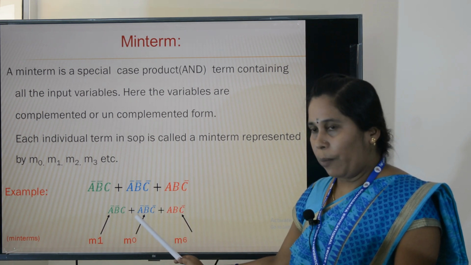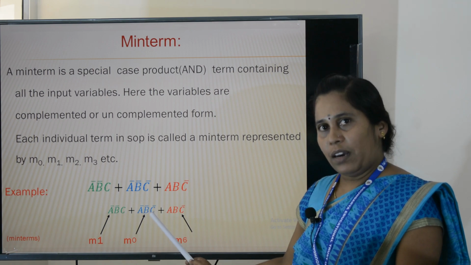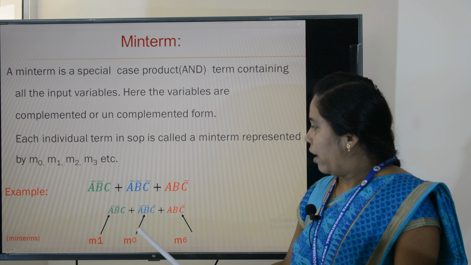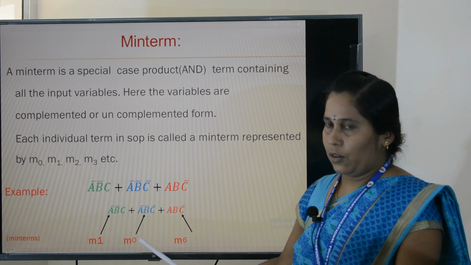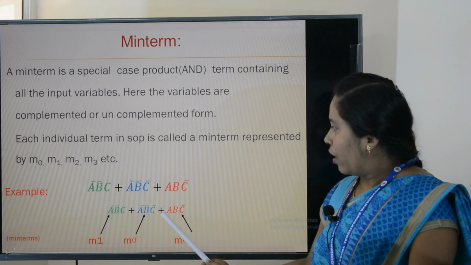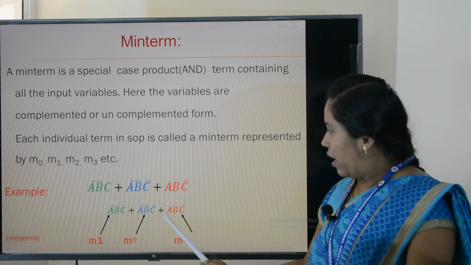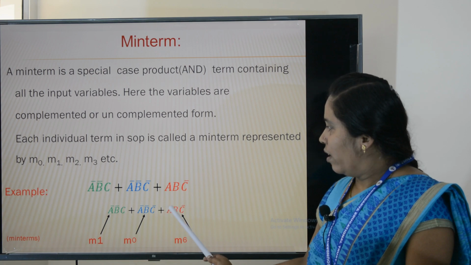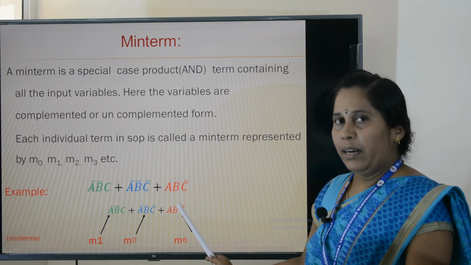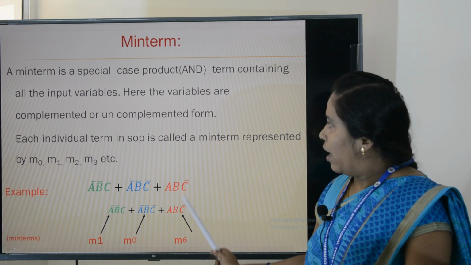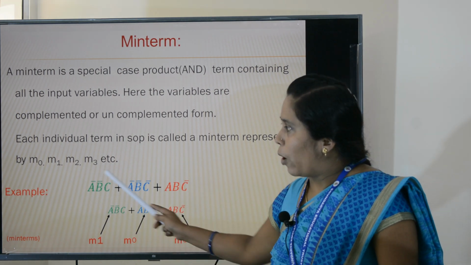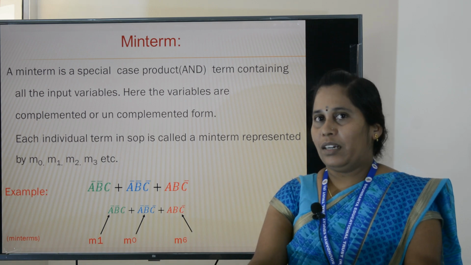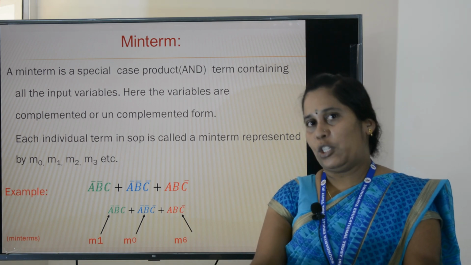A bar is 0, B bar is 0, C bar also 0. 0, 0, 0 is nothing but M0, minterm 0. The third product term A, B, C bar: A is 1, B is 1, C bar is 0. 1, 1, 0 is called minterm 6, M6. And here each product term in canonical SOP is called a minterm, but it is not so in the SOP.